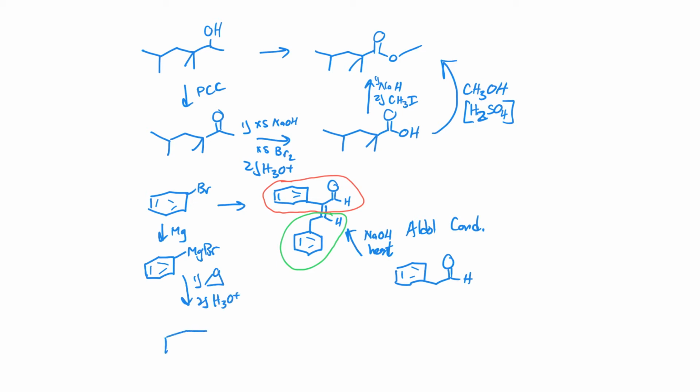And when I add the epoxide, I get a primary alcohol. I can oxidize that primary alcohol with PCC. That produces an aldehyde on this carbon, and I get my desired aldehyde here. Aldol condensation can bring me to the product.